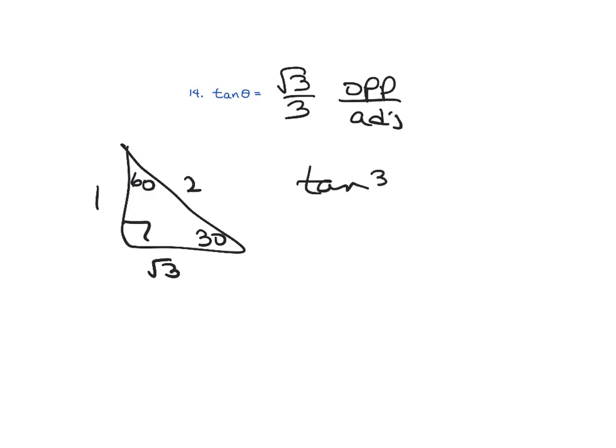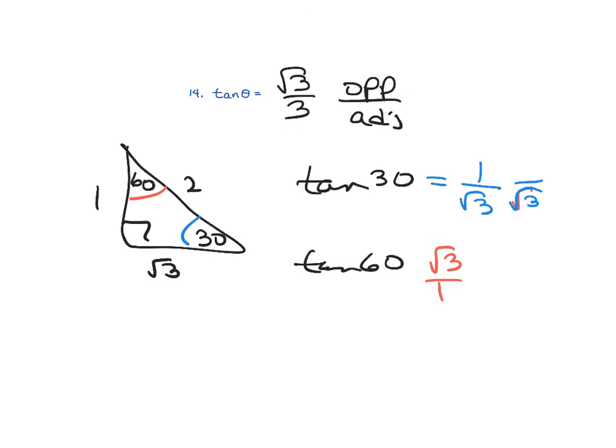If you want to do tangent of 30 and tangent of 60 to see which one works, you can do that. In reference to the 30, my side opposite is 1 and my adjacent is square root 3. For tangent of 60, opposite and adjacent. Notice neither of them look like it yet, but if I rationalize the blue one, then it's my original question.